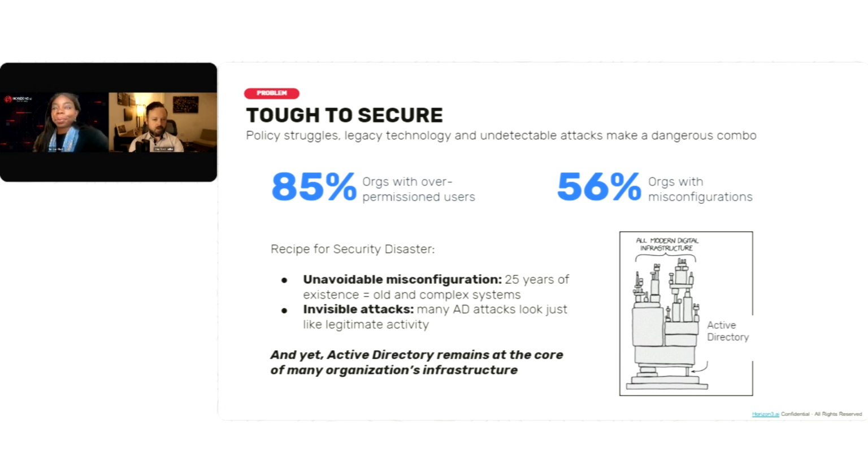When it comes to any kind of environment, and especially AD, typically it's really tough to secure. Active Directory is a primary target for anyone coming into an environment, and oftentimes the misconfigurations are unavoidable in some situations, just depending on legacy systems that you have in place that rely on older configurations or older authentication types.